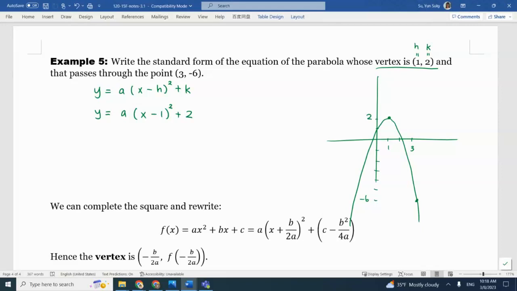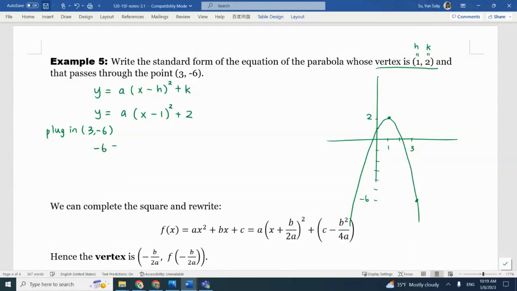The parabola passes through the point (3, -6). Okay? So we plug in x is 3, y is -6.